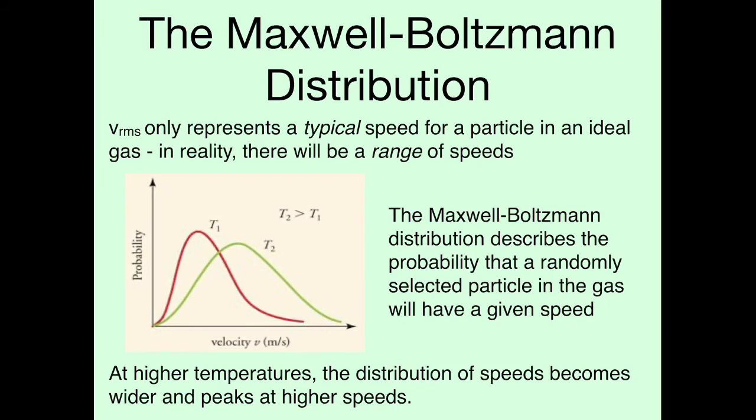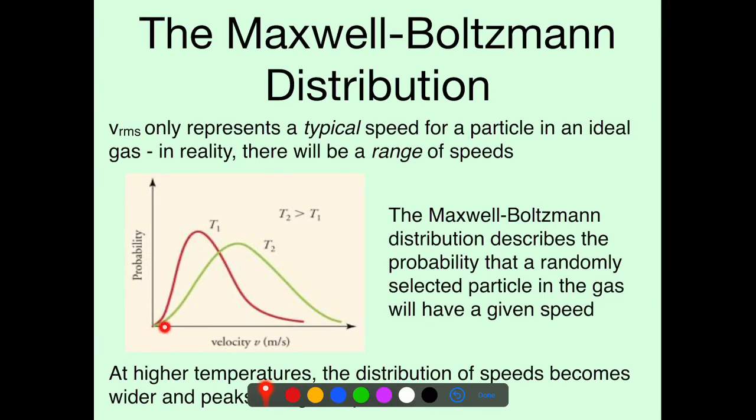It's best understood by looking at this graph. On the vertical axis, we have probability, and on the horizontal axis, we have velocity. We have a curve which goes up, then peaks, and then goes back down. Let's say I'm way on the left side of the curve. Since we're on the left side, the velocities we're thinking about are very small.